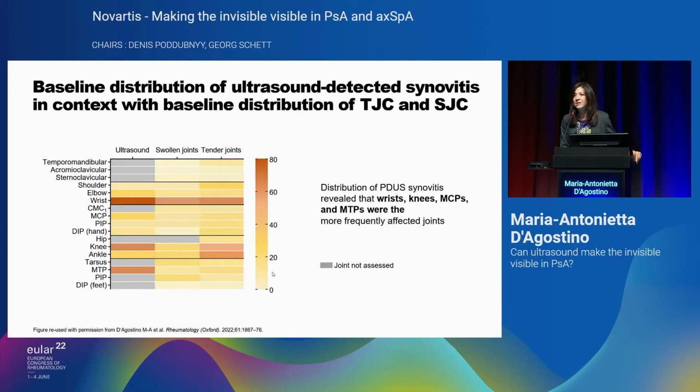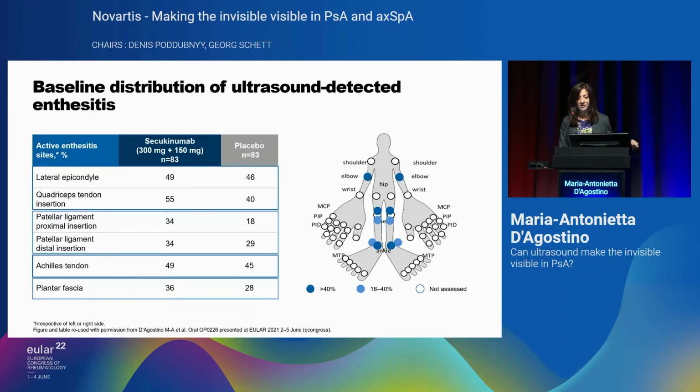If you look at the distribution of synovitis, according to the way in which we measure it, so swollen joints, tender joints, and by ultrasound, you can see that most of the patients had the wrist as the main joint involved, then the knees, the MCPs, and the MTPs. And this is quite normal, because this is the usual population that we include in this study.